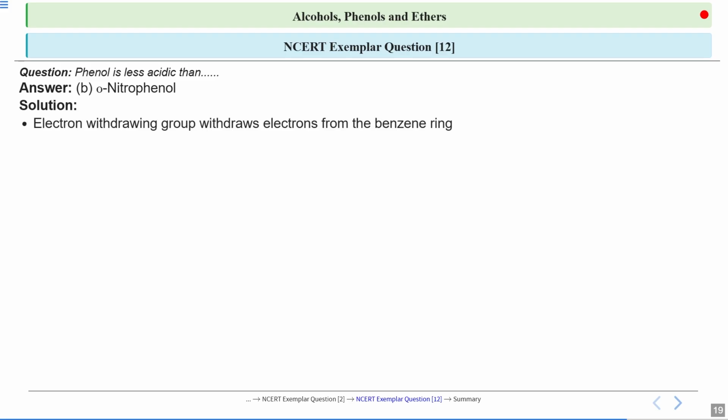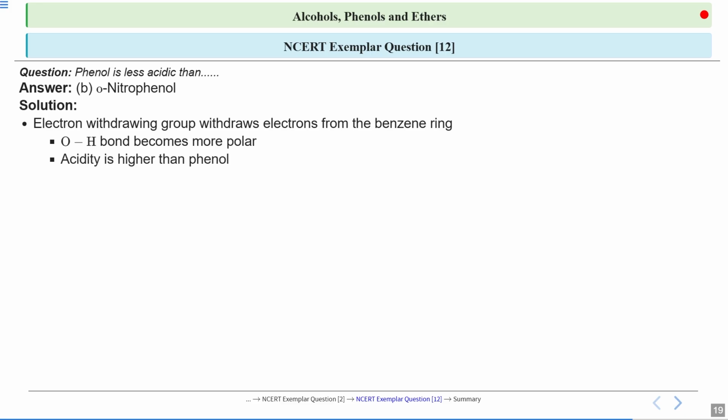Electron withdrawing groups withdraw electrons from the benzene ring, because we are talking about phenol. If any electron withdrawing group is present on the phenol, it is going to withdraw electron density towards itself from the benzene ring, and the OH bond of the phenol will become more polar.